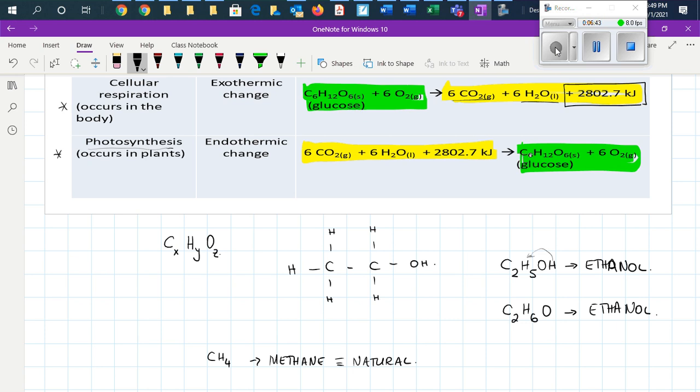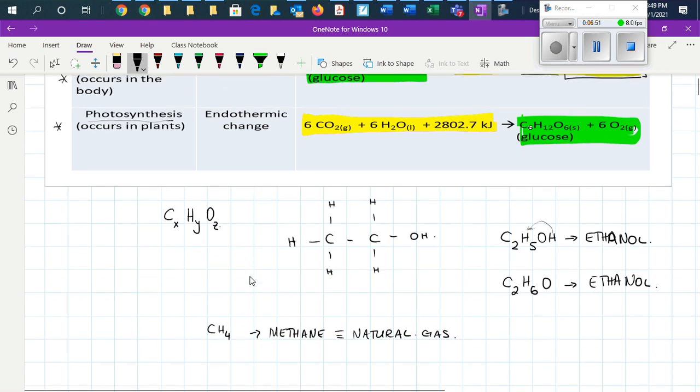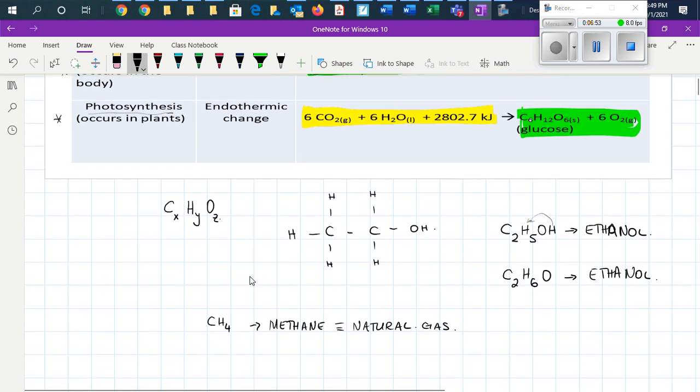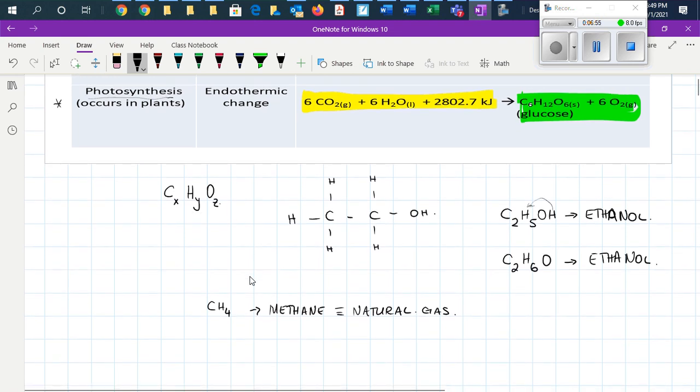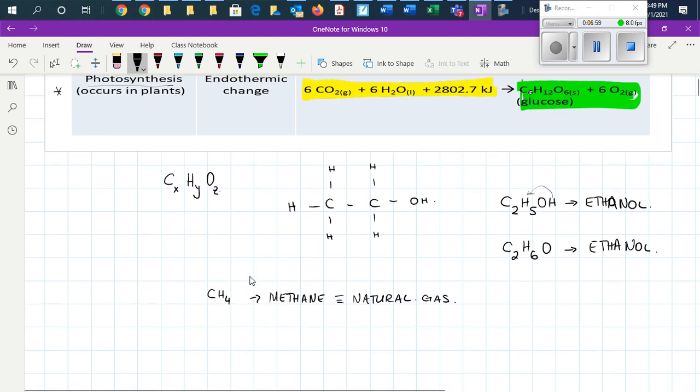Another thing that we use in terms of hydrocarbons is gasoline, which we use in our cars and vehicles to move from point A to point B. And the hydrocarbon formula for gasoline is C8H18.